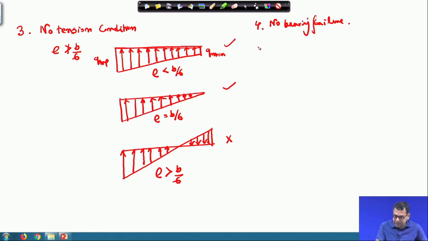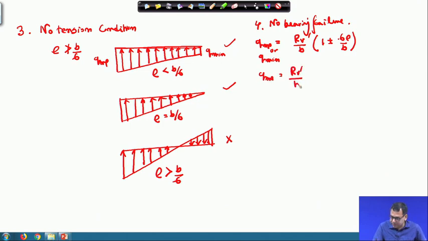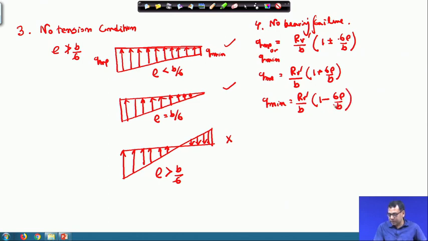So, this q max you can calculate by using these expressions. q max or q min we can calculate as R_V' divided by B times 1 plus or minus 6e by B. Here q max is equal to R_V' divided by B times 1 plus 6e by B, and q min is R_V' divided by B times 1 minus 6e by B. In this, if e is equal to B by 6, then q min is 0.